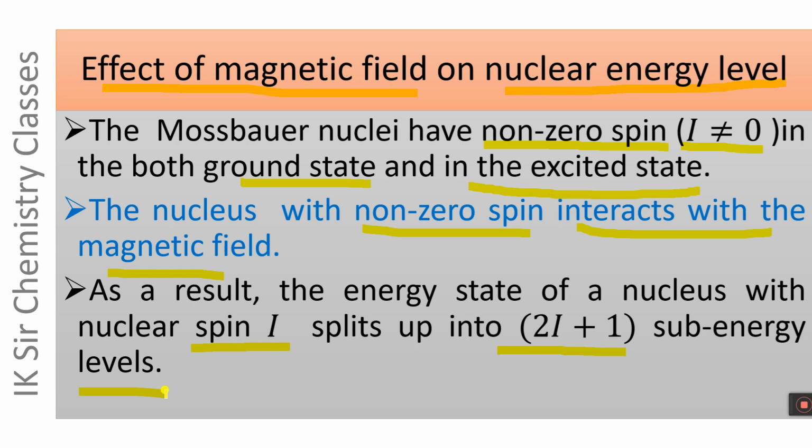The nucleus having non-zero nuclear spin, that is I is not equal to 0, interacts with the magnetic field, and as a result, the energy state of such a nucleus with nuclear spin I splits up into 2I plus 1 sub-energy levels.